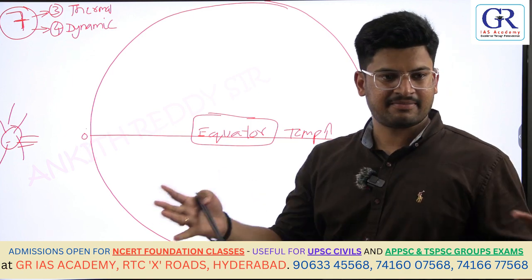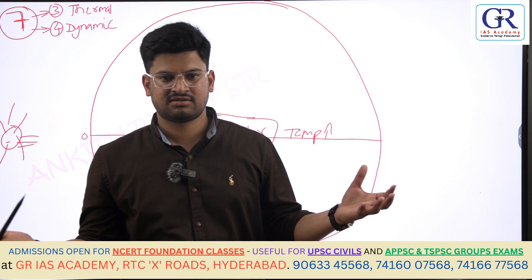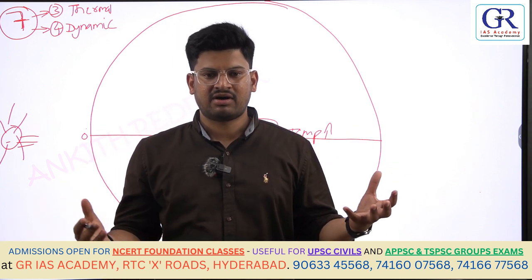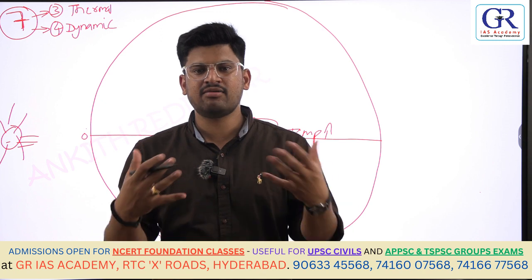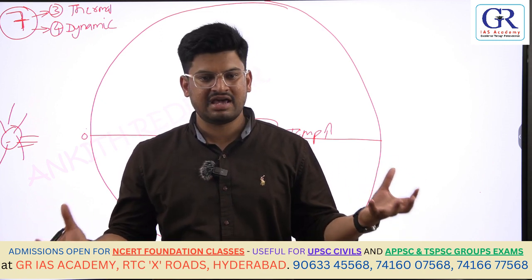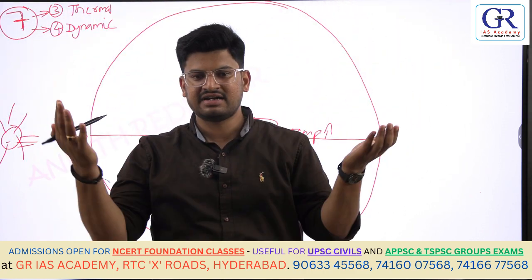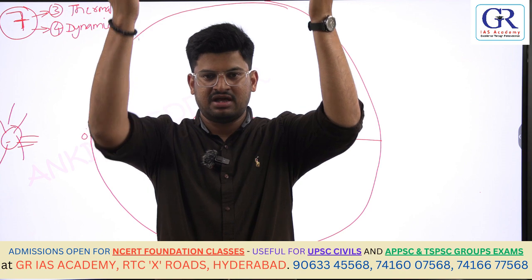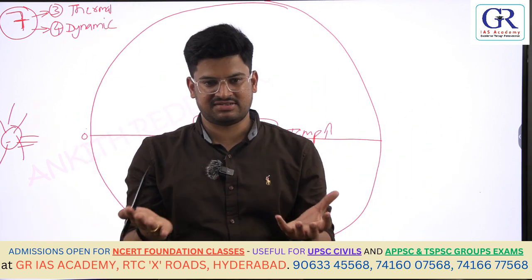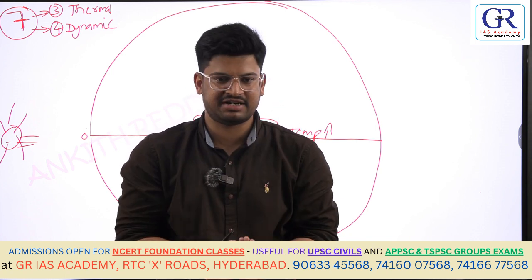When temperatures are high, the surface gets heated up, and the air above it also gets heated up. The air becomes light, hot air expands, and it tries to move upwards. Where temperatures are low, the air becomes dense. Instead of going up, it settles down, giving a high pressure area.